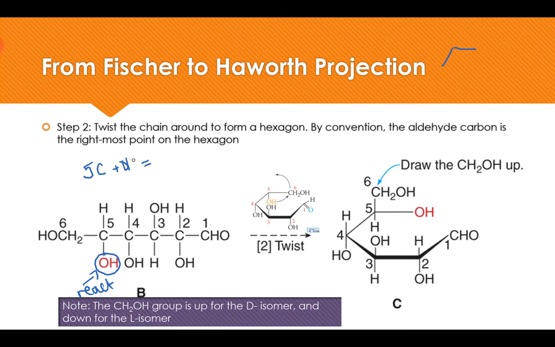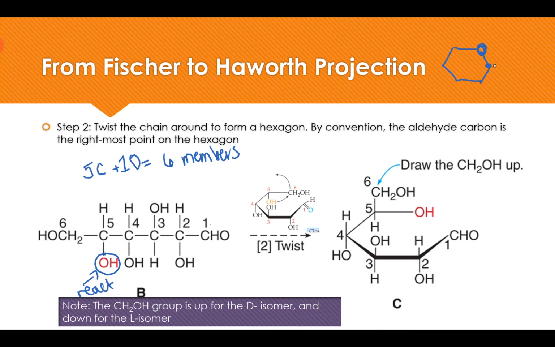Well, 5 carbons plus 1 O equals 6 members in our ring. And so that's going to result in a hexagon. And we always draw our hexagon like this with our O in the back. We draw our hexagon kind of flat.